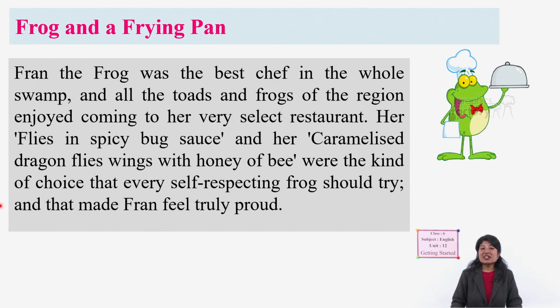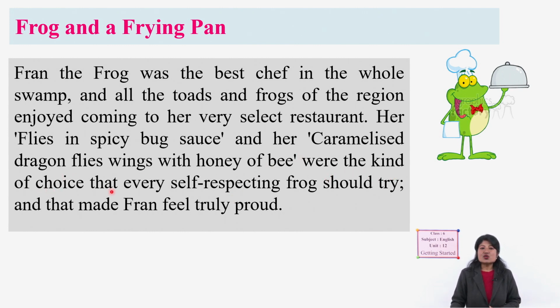And her caramelized dragonfly wings with honey of bee. This is another dish name. Caramelized means the sugary dish, which is when sugar is overcooked. So this is the name of a dish that Fran used to cook.